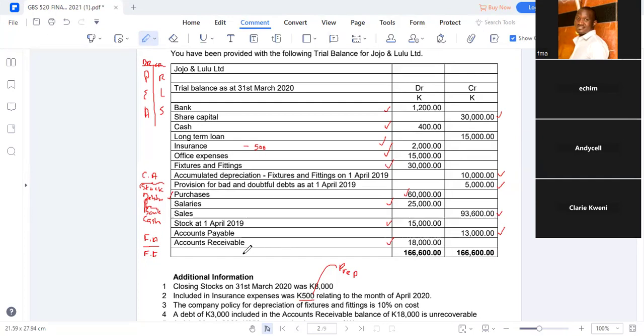We debit the closing stock account and credit the trading account. You heard what he's saying? How do we treat the closing stock? It will appear in the trading account as well as the balance sheet.